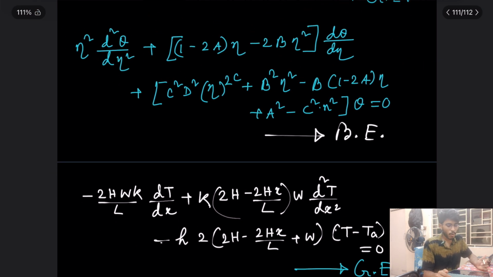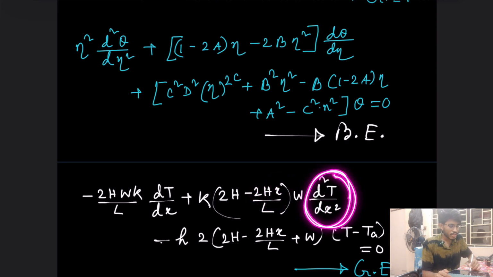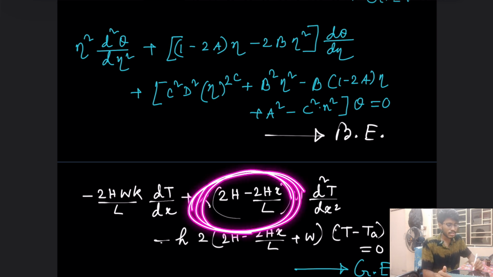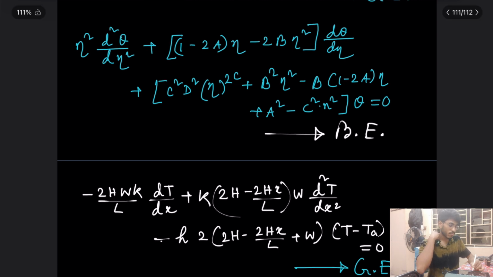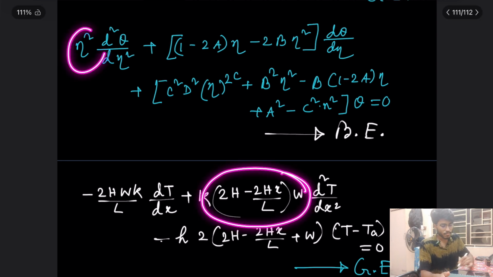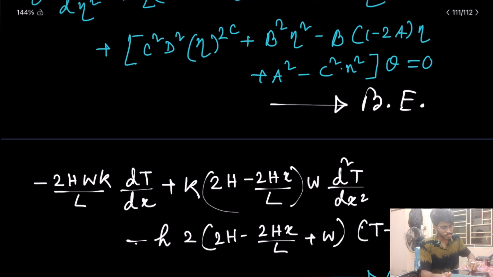These are not comparable, because if I am having x square here, I need to have x square here also. That is, if I am having the second derivative here, I need to have the second derivative here also, right? But I am having something else here, totally different from x square. So how can I convert this into this form? Let us see that.